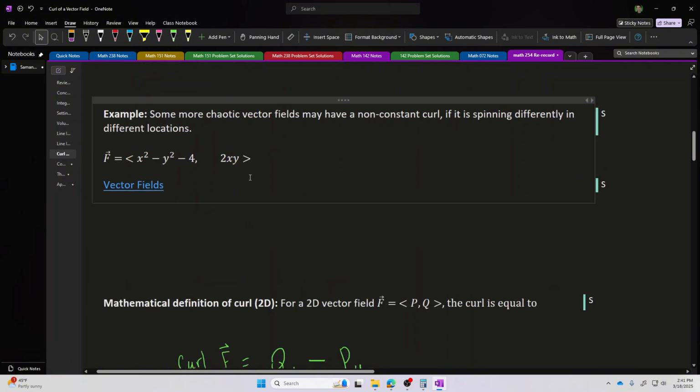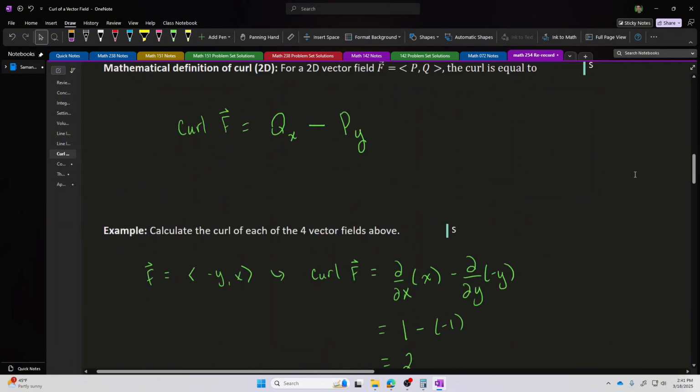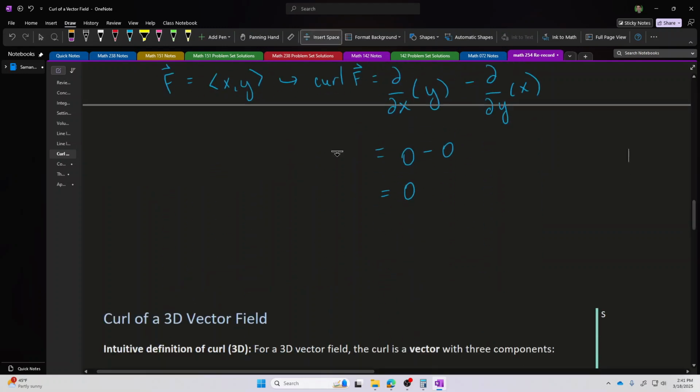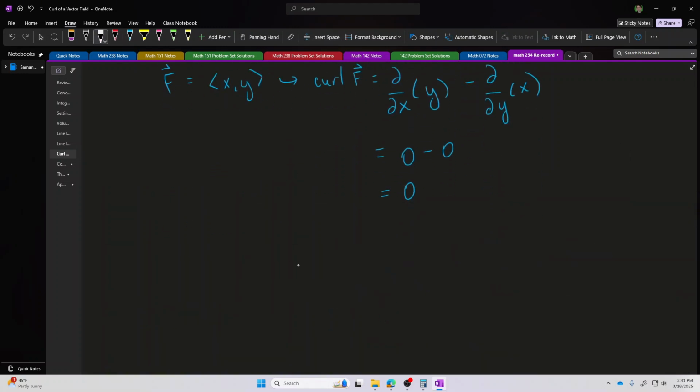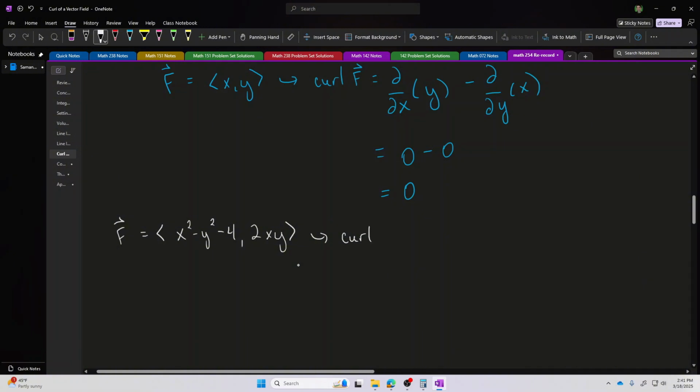And finally, let's do it for this more chaotic vector field. We have the vector field x squared minus y squared minus 4 and 2xy. If I calculate the curl of that field, I would find the partial derivative of the second entry with respect to x, and I would subtract the partial derivative of the first entry with respect to y.